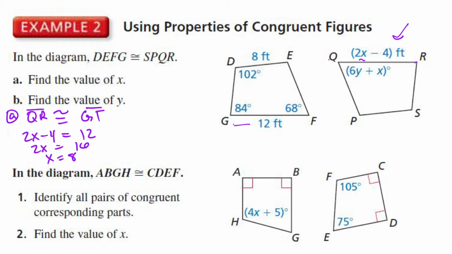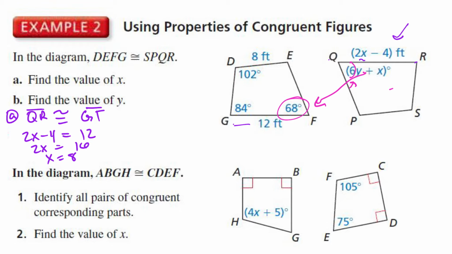And then for B, it asks to find the value of y. If we know that QR is the same as GT, we also know that this angle here is equal to 68, because this is actually a reflection over the x and y axes, and so this angle is actually that angle.